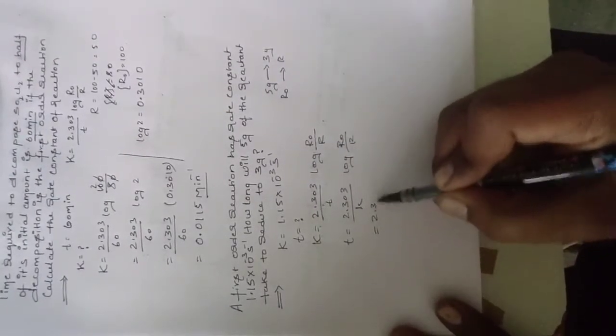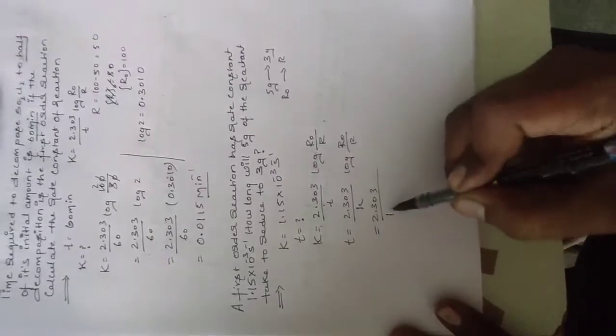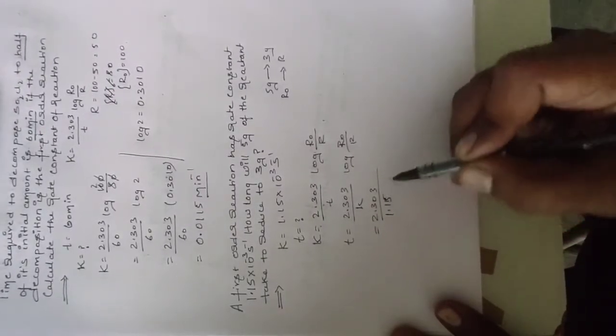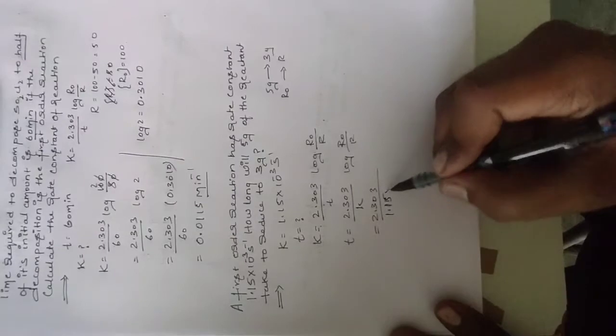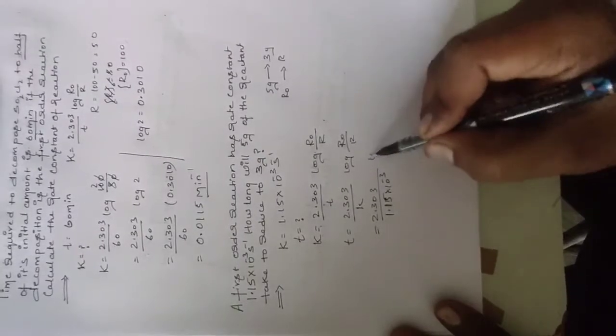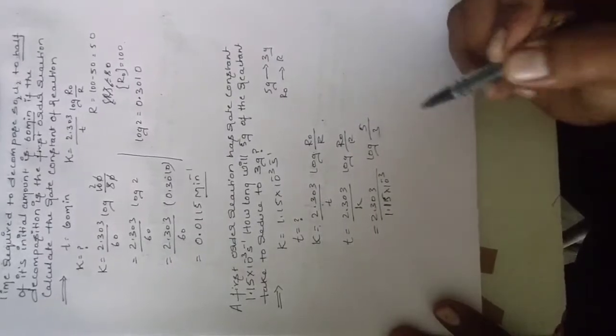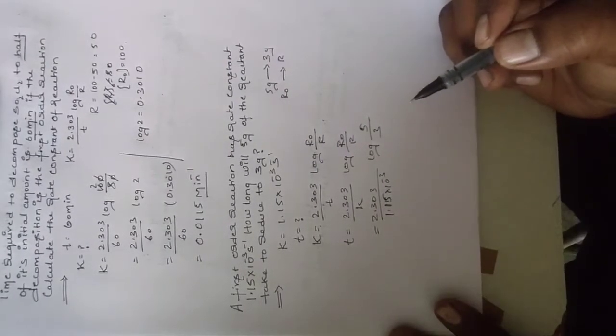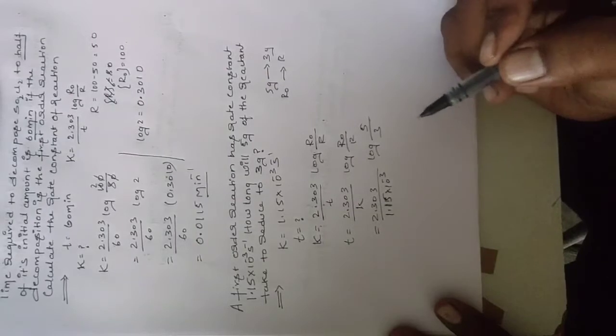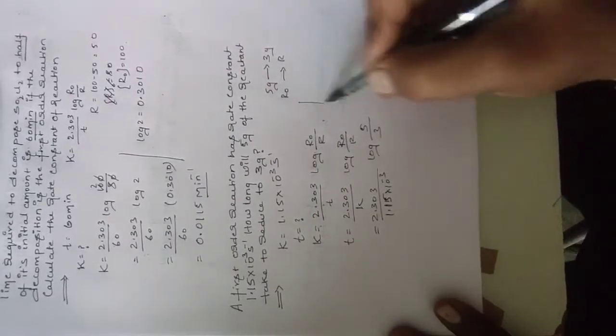We know the value of K is 1.15 into 10 to the power of minus 3, and log R naught by R is log 5 by 3.